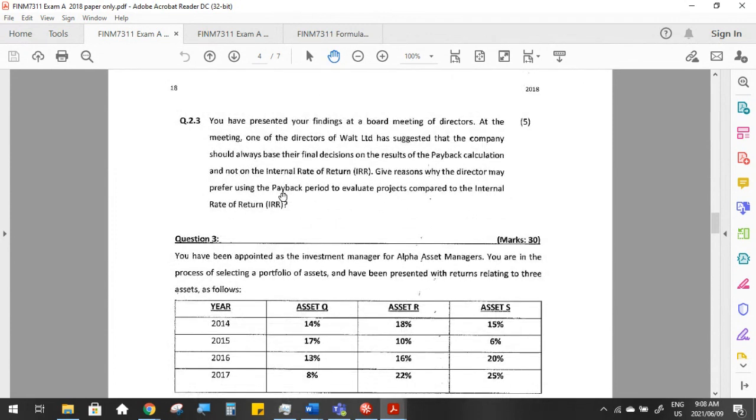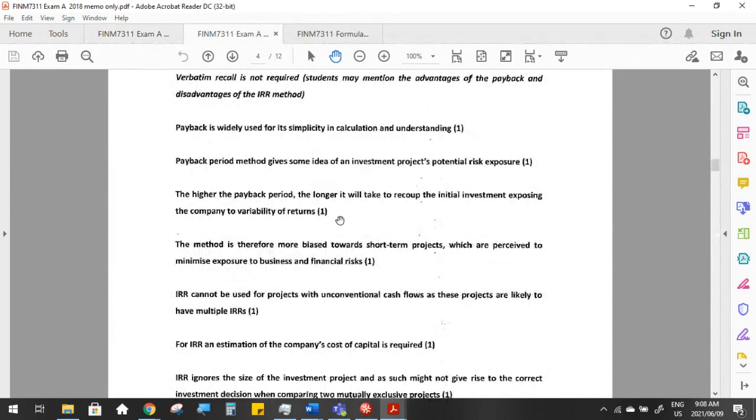Why might directors prefer payback compared to internal rate of return? So remember, in this section of your textbook, your theory questions, your learning objectives, you've got those disadvantages and advantages of each of the methods, payback and internal rate of return, etc. So that's what they're expecting you to apply to answer these questions.